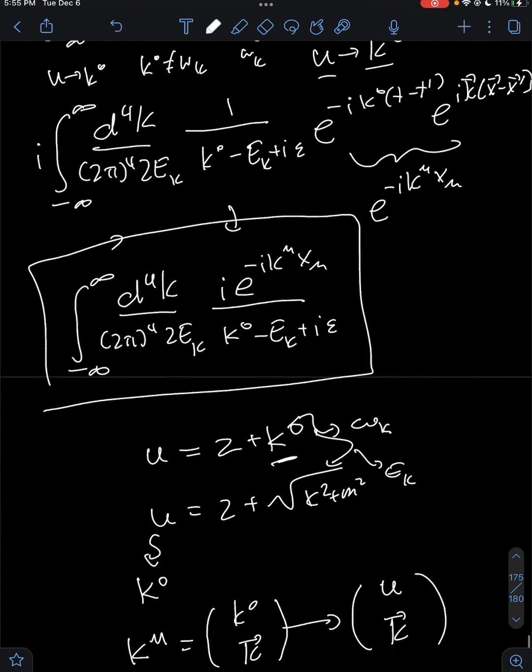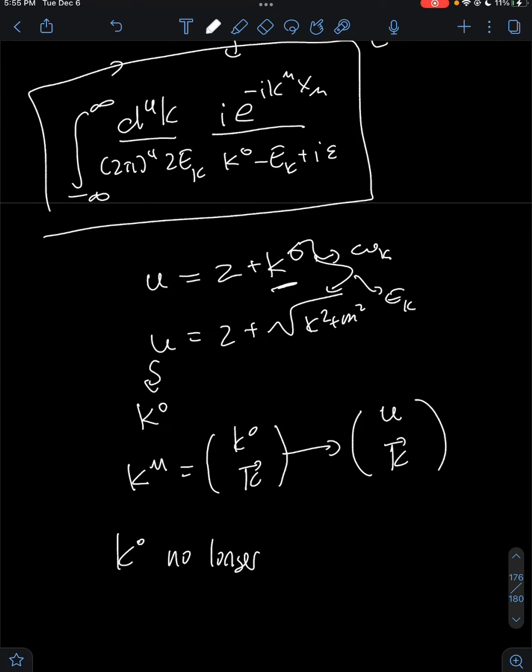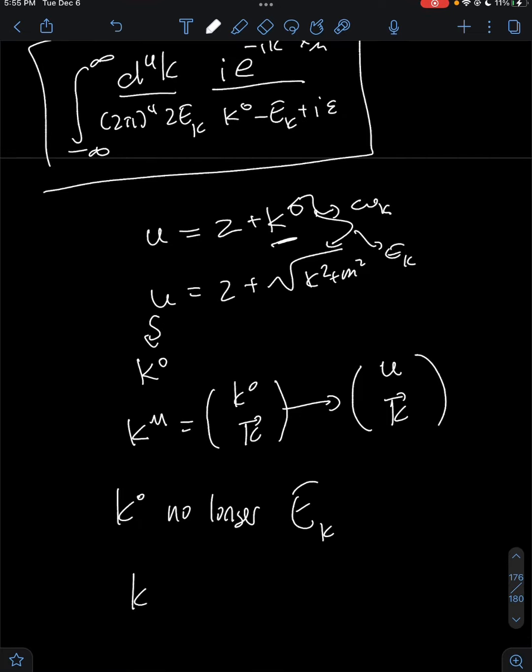But if we do that, we have to note that k naught no longer has the same meaning as what it previously had, which was the energy, or omega k. It's not that it just no longer equals the square root of k squared plus m squared.